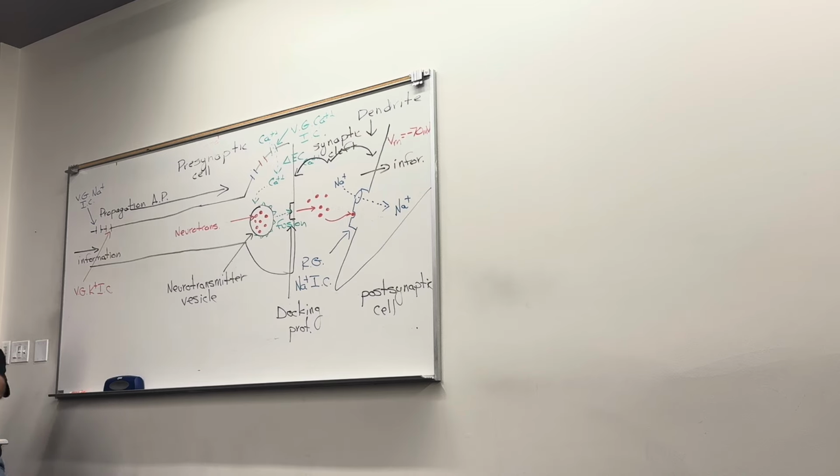Do you guys have receptor-gated ion channels at the level of the dendrites? So please appreciate this. Our receptor-gated ion channels are in the dendrites. Our voltage-gated ion channels are along the length of the axon and the axon terminal.